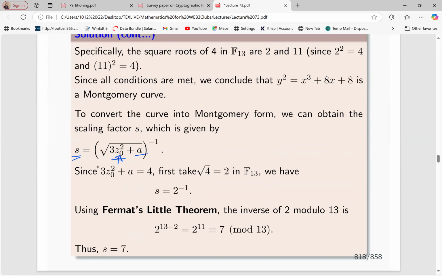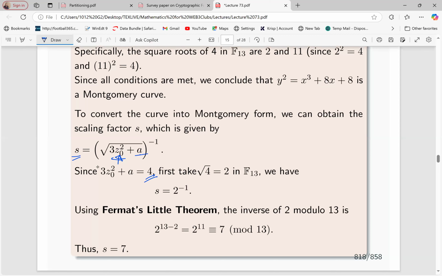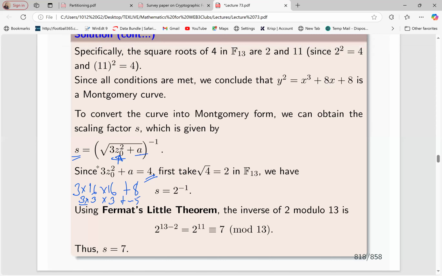Now, 16 times 3 plus 8. That answer, I found it to be 4, because you are doing it mod 13. So it's 16 times 16 times 3, then plus 8. 16 mod 13 is just 3, and then this is also 3, then this is negative 5. So 3 times 3 is 9. 9 mod 13 is negative 4.